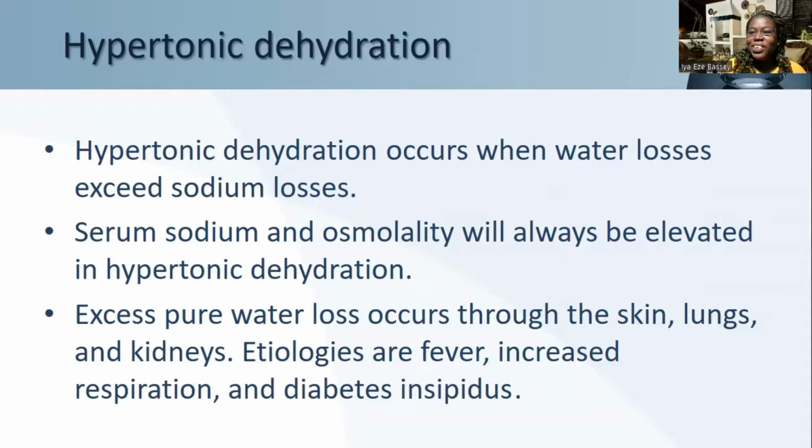We said that ADH is responsible for reabsorption of water. So when your ADH is not sufficient, or if it is not active because maybe there's a genetic problem with it, then you would have a person producing very dilute urine in very large quantities. This kind of loss of water without loss of sodium would result in hypertonic dehydration.